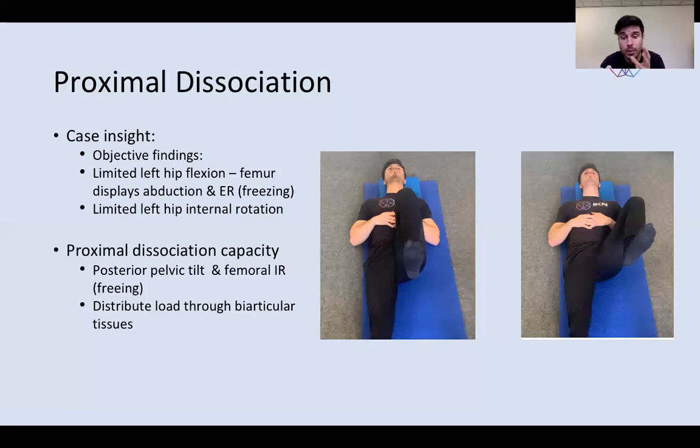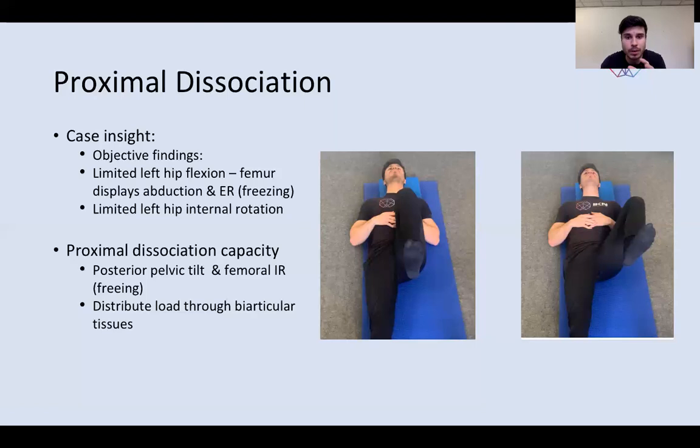So we still certainly want to restore this proximal dissociation capacity, but we need to think about it from a global standpoint, as part of a sequence to ultimately allow the system to share load across that entire coordinated structure and develop a more robust coordinated structure.